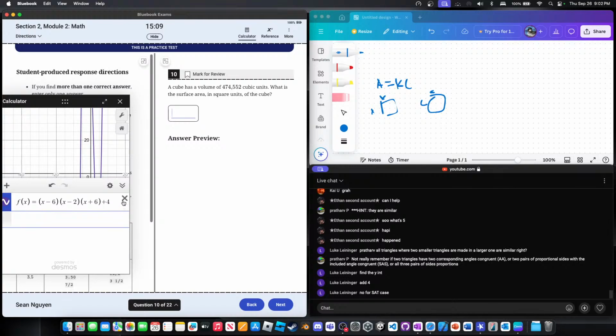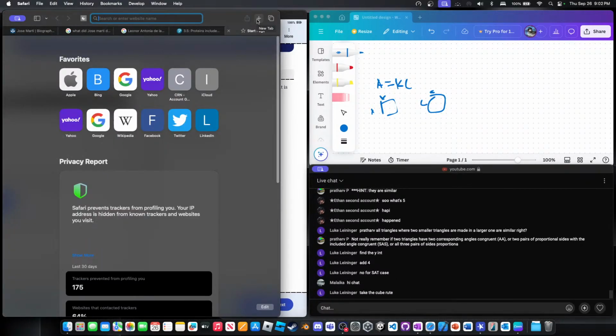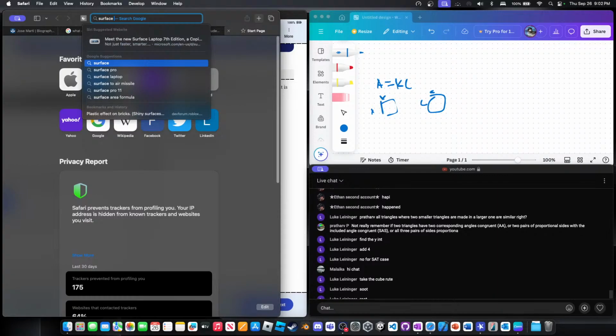So the surface area, square units of the cube. Surface area is just the area of one face, right? Let me double check. Yeah, that's what I was thinking too.